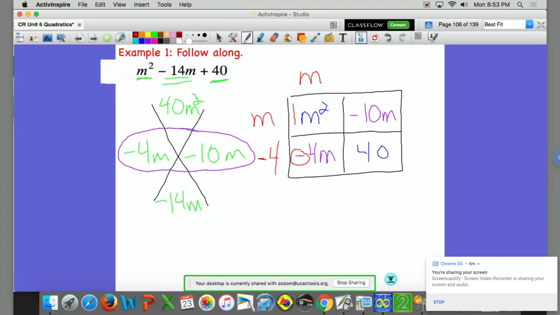So therefore, we can pull out the smaller number, which is 10. And we also have to pay attention to the negative. So now our answer is going to be m minus 4 and m minus 10.